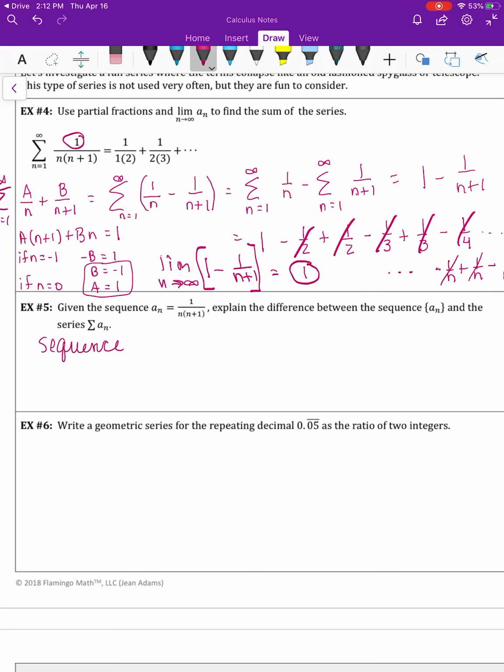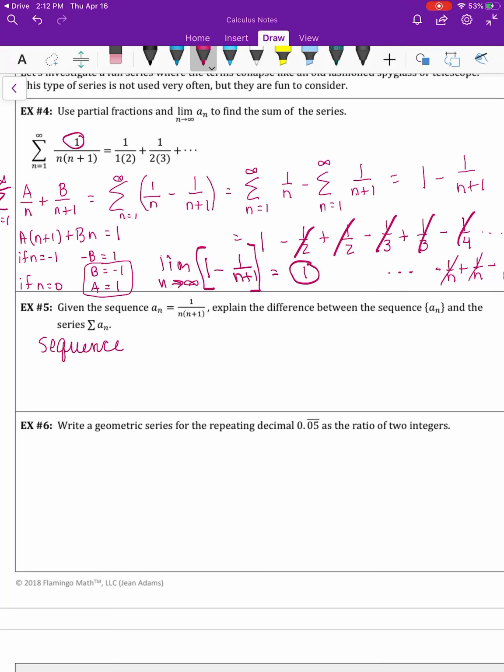Okay, so that's what your sequence looks like. And can you see that these values are just going to keep staying 1 in the numerator, and they're going to keep getting larger and larger and larger in the denominator.